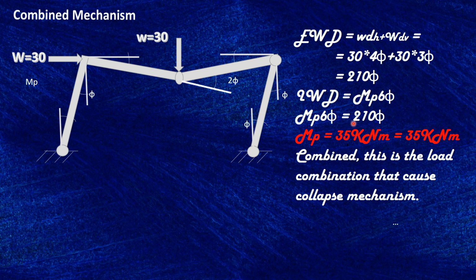So Mp times 6 theta is 210 theta, and Mp is 35 kilonewton meter. So we got the same as our initially preferred member that can be caused to form the collapse mechanism, 35 kilonewton meter. So what does it mean? What does it mean in this structure?